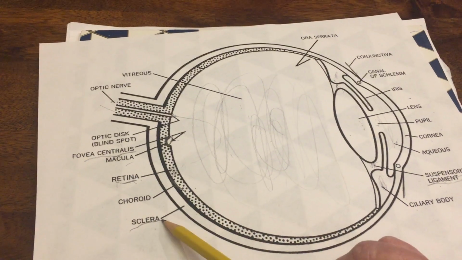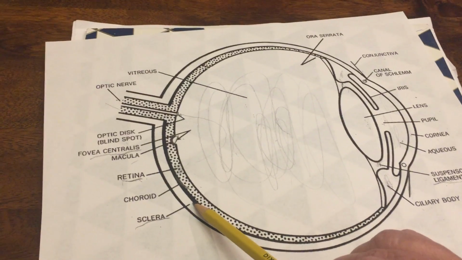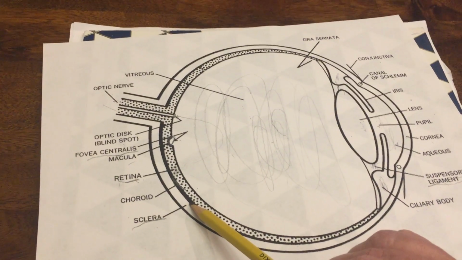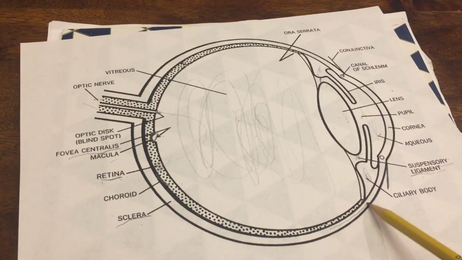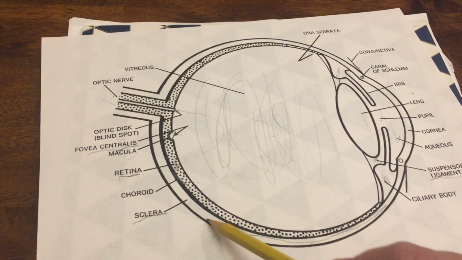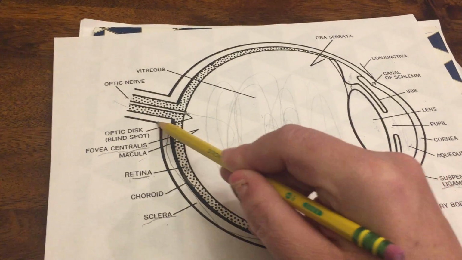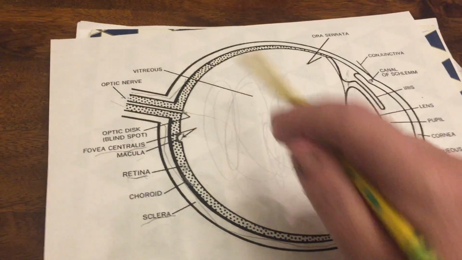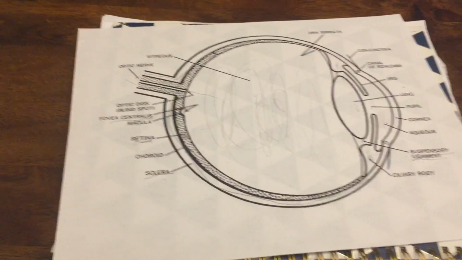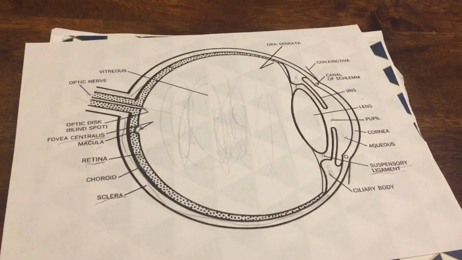Then here's the sclera. This is a tough white fibrous protective layer of the eye. And as you can see, it goes almost all the way around. Okay, that is the anatomy of the eye.